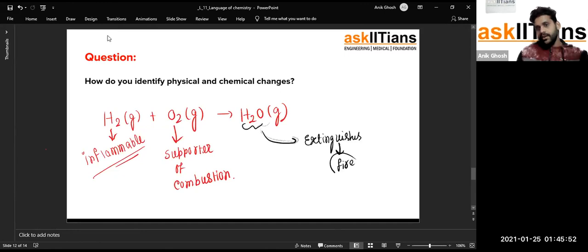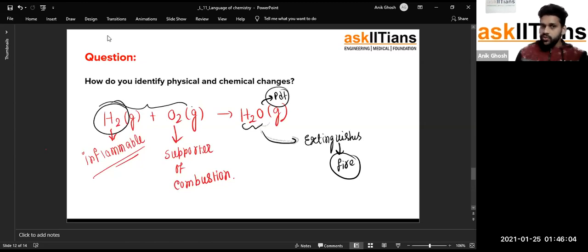So I think you can understand, this product has nothing to do with the reactants. It extinguishes the fire. But H2 is inflammable, oxygen is a supporter of combustion. Together they're making something new. There is no repetition of the properties of the constituent particles.